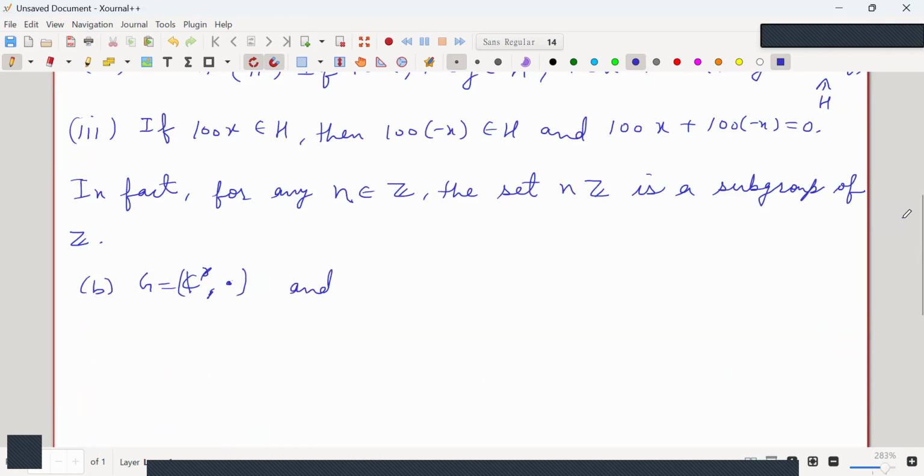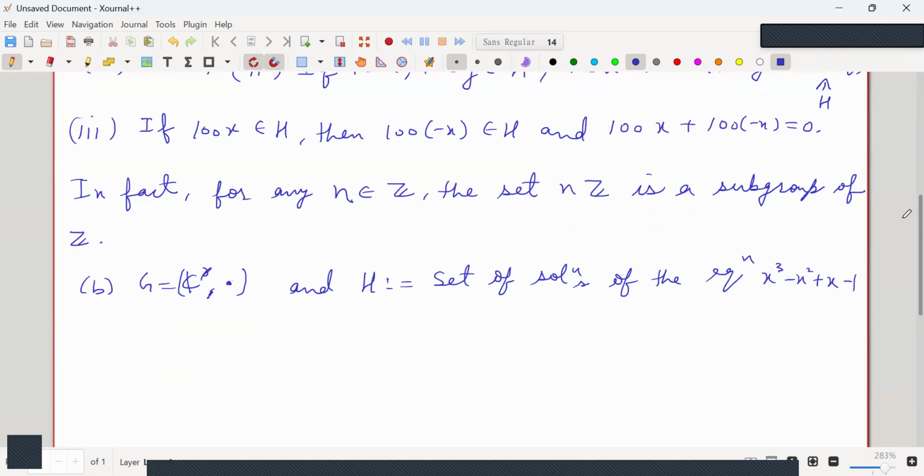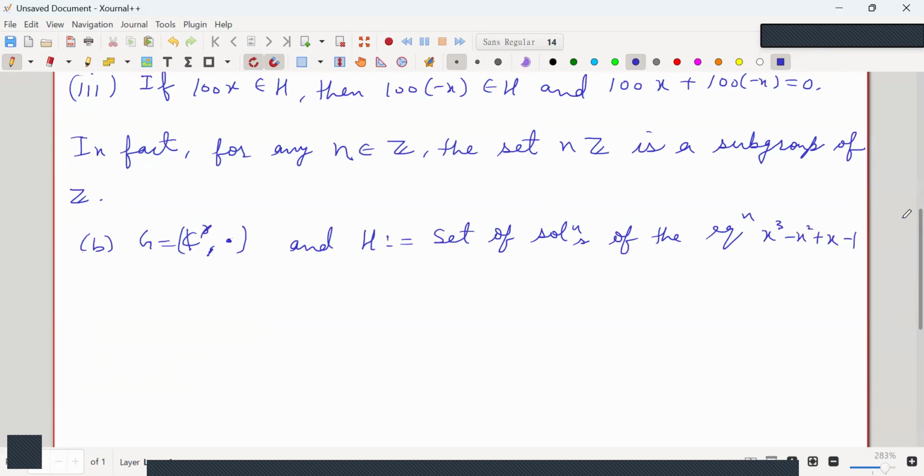And H is the set of solutions of the equation x cube minus x square plus x minus 1. So what is this set? It contains 1, i and minus i.